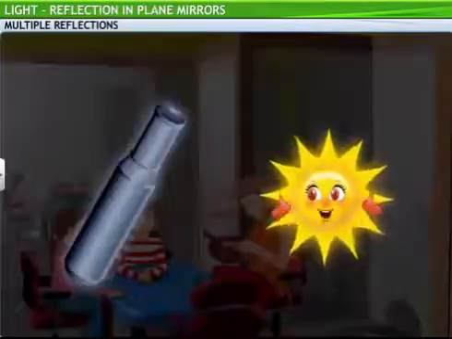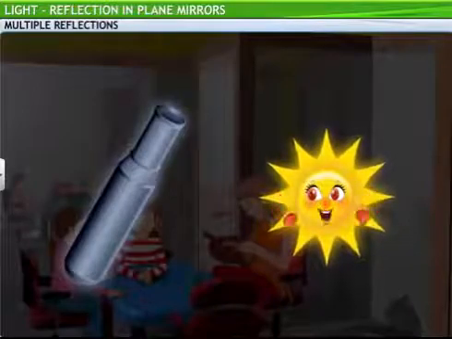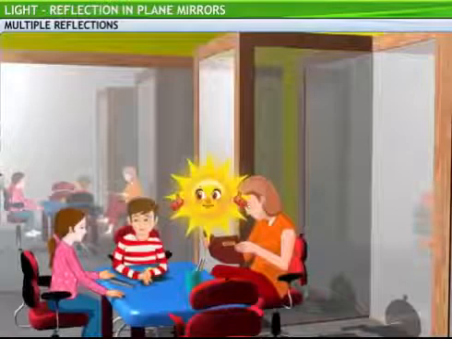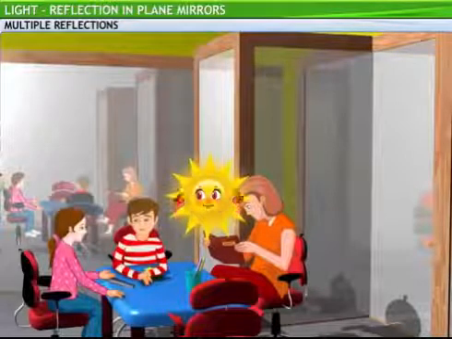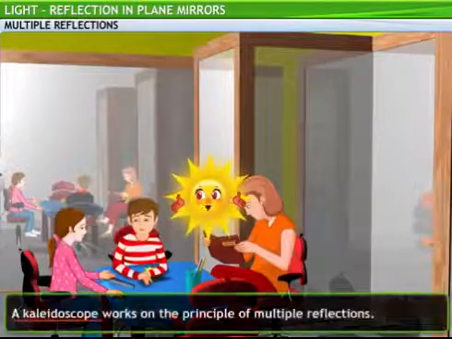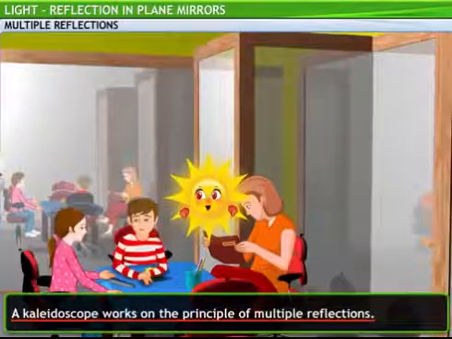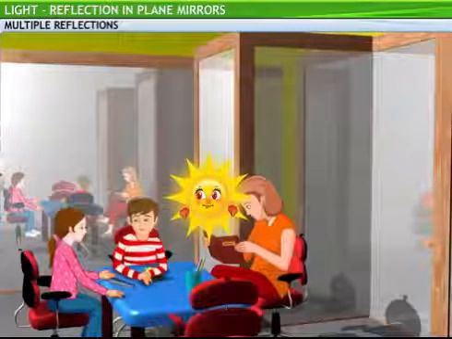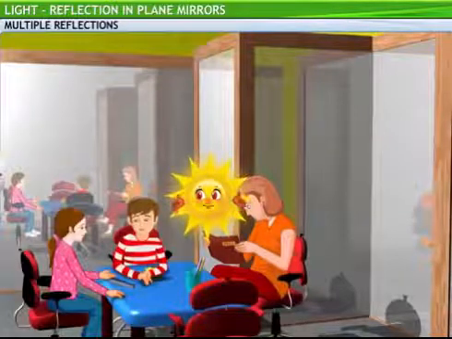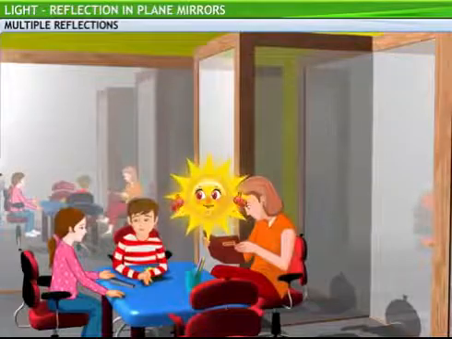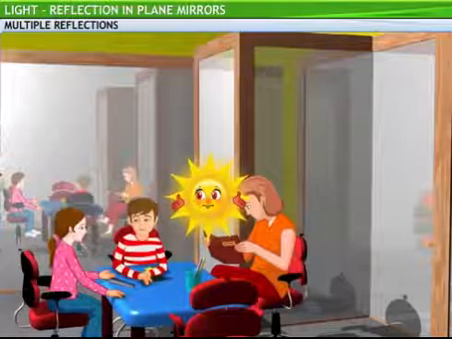Aren't you curious about how all those lovely patterns are formed? Is it due to reflection of light? Well, yes. But a kaleidoscope goes a step further. It works on the principle of multiple reflections. Oh, how's that? Well, you can see innumerable reflections of yourself in these mirrored walls, right?